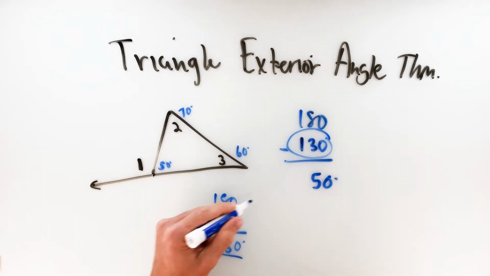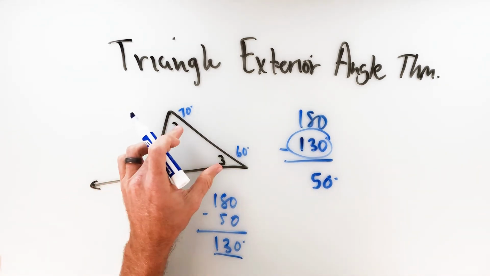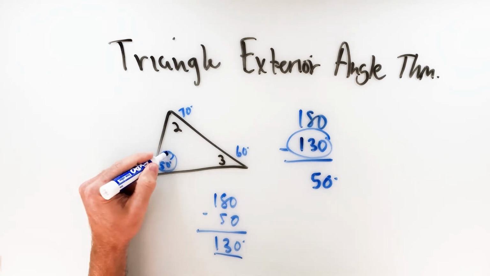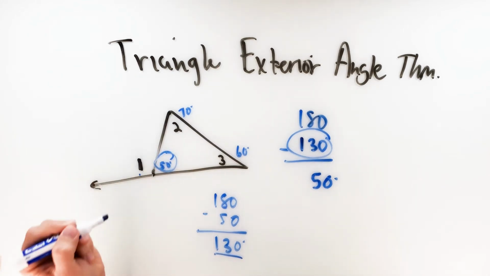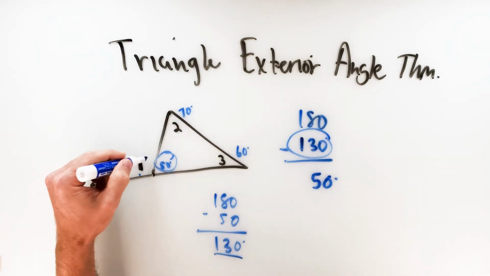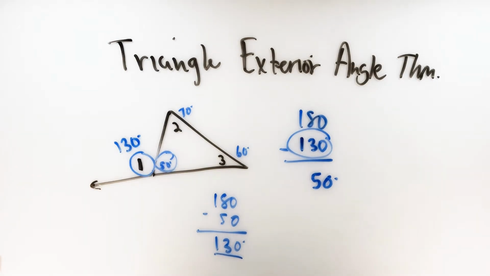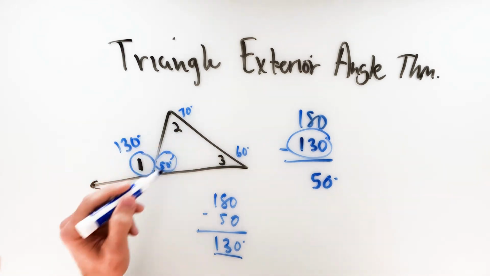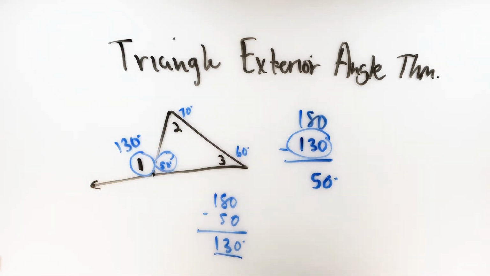So we can kind of skip this extra step of subtracting to get from 2 and 3 to get this angle, and then subtracting from 180 to get this angle. We can kind of do this little shortcut. If I just add 60 and 70, that's going to get me that angle 1, which is 130. Okay, so this is the exterior angles, or the triangle exterior angle theorem. Okay, add the two non-adjacent interior angles to get the measure of the exterior.